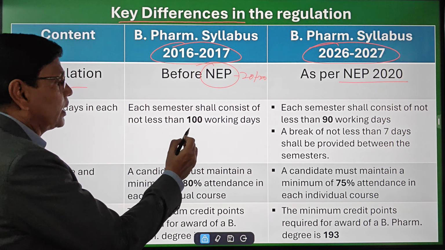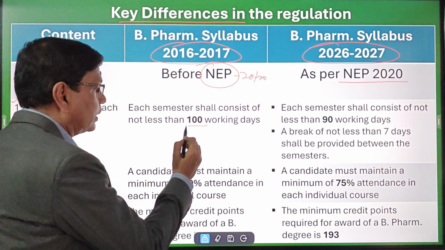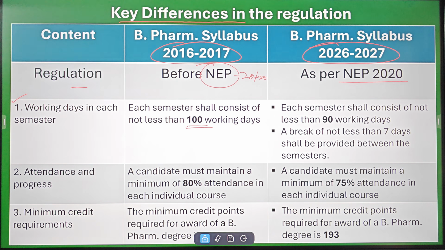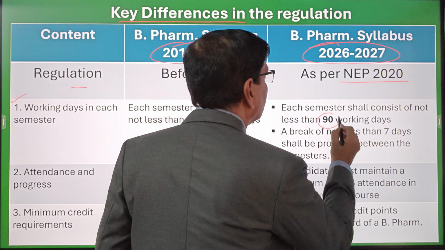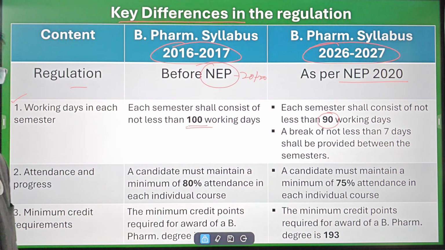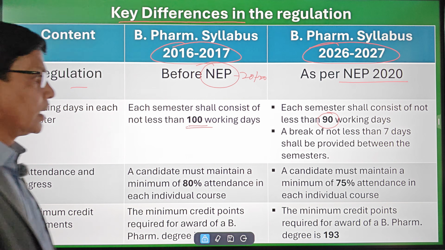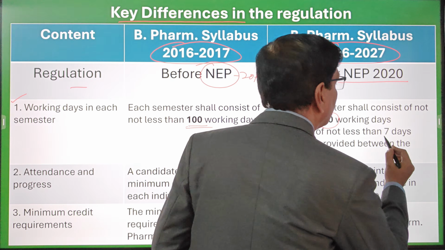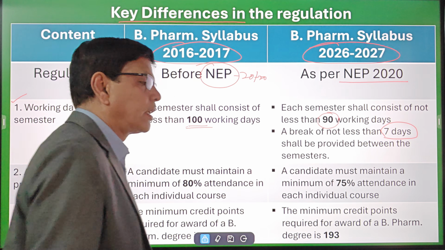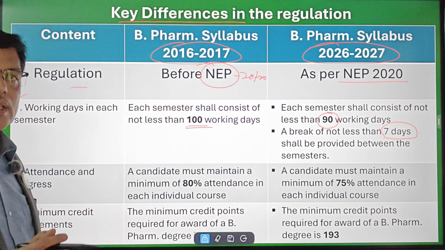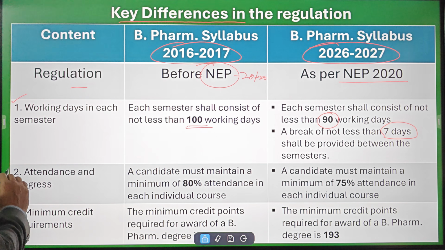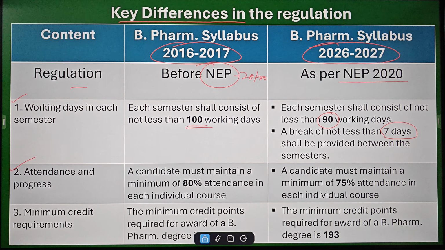In that, let us see point number 1, working days in each semester. As per the previous 16-17, there are 100 working days, whereas as per the new syllabus, it is 90 working days in a semester. And in this syllabus they have also mentioned a 7 days break can be taken between the semesters. Second one, attendance and progress.